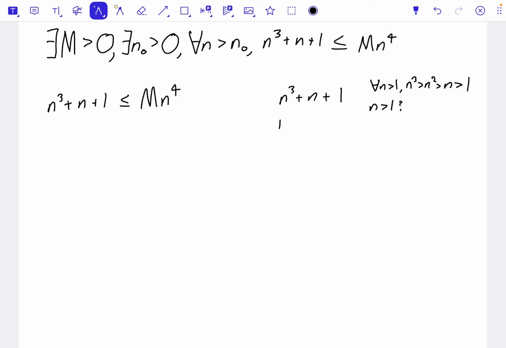And from that, it follows that n is less than n cubed, so I can just replace it with n cubed. And also 1 is less than n cubed, so I can replace that with n cubed.